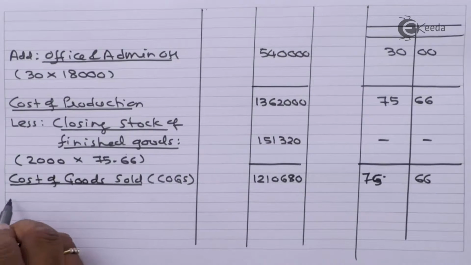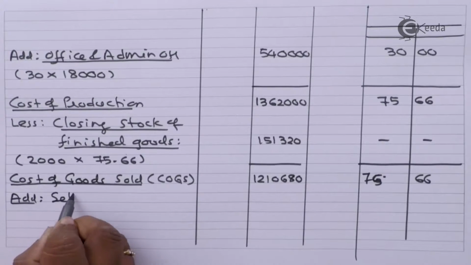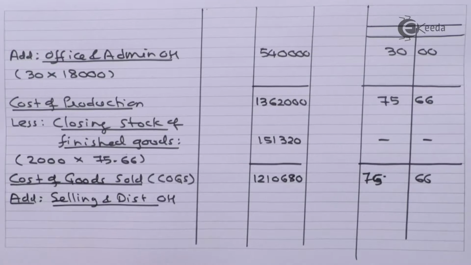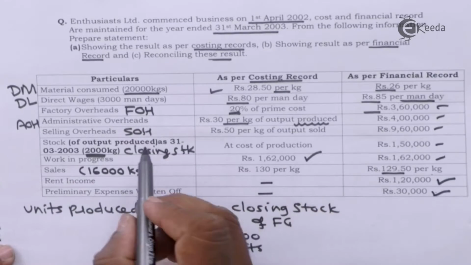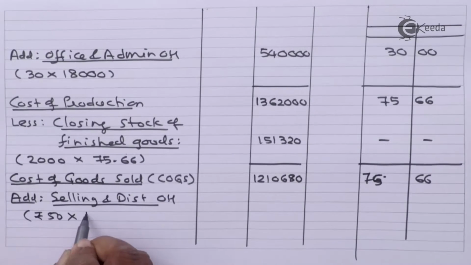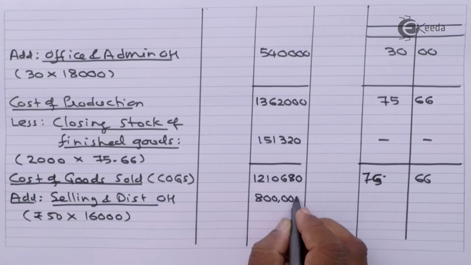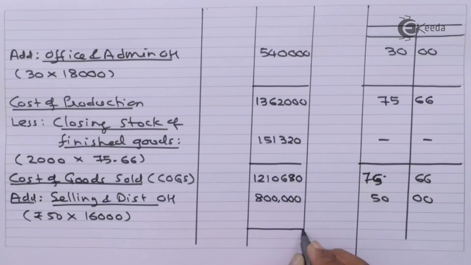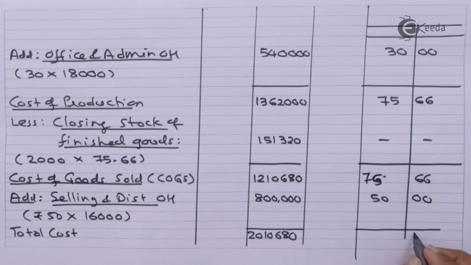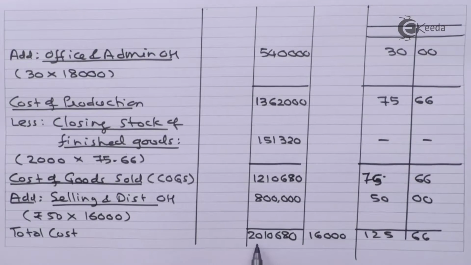To cost of goods sold, we are required to add selling and distribution overheads. Selling overheads as per costing rupees 50 per kg of output sold. So total cost we got 20 lakh 10,680 and per unit it is 125.66.